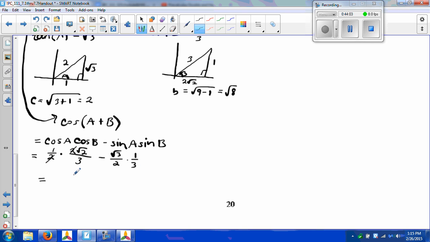Actually, I don't want to cancel those because I'm just going to have to get a common denominator anyway, and these already have that with this being root 6. Let me try that again. Okay, so that is 2 root 2 minus root 3 all over 6.